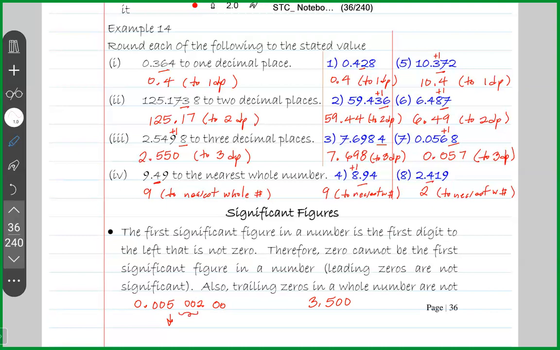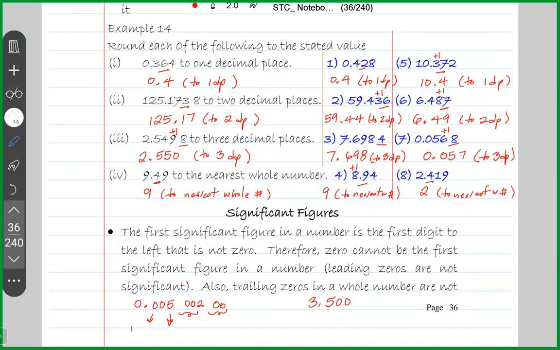So the two zeros between the 5 and the 2, those two zeros are significant. Also, trailing zeros in a decimal number are significant. So in this case, the zeros at the front are not significant.